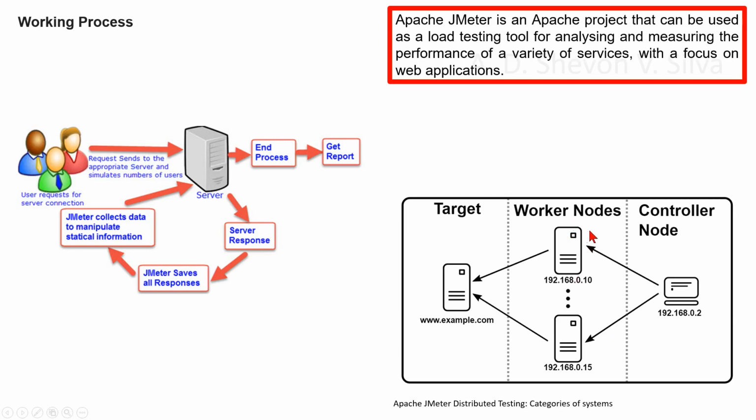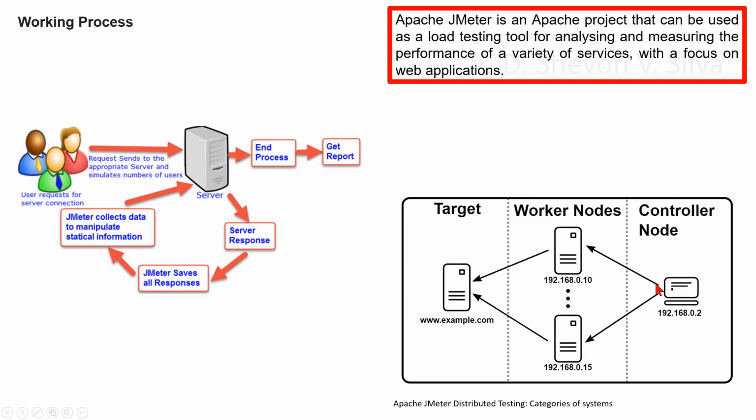Worker node: the system running JMeter -server, which takes commands from the GUI and sends requests to the target systems. Target: a web server we plan to stress test.